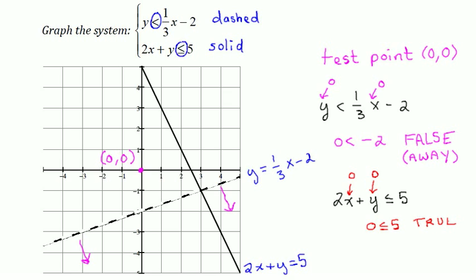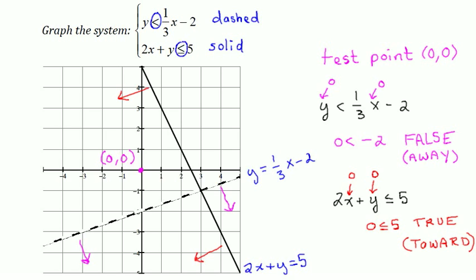So I'm going to shade toward my test point from this line. Again, I'm just going to draw the arrows for now. It's very important to label the equations of the lines so that I don't have to figure out which line is which each time I draw these arrows.